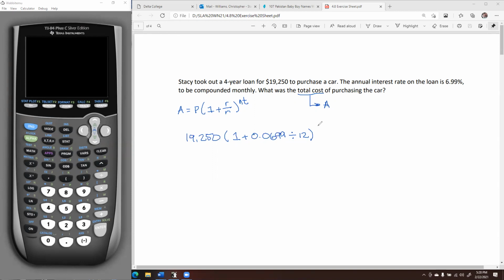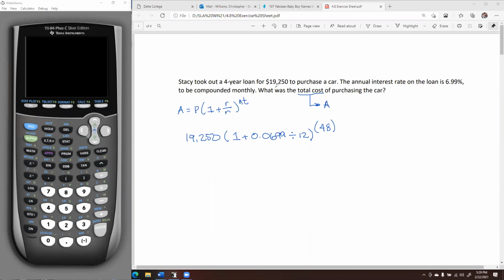And then our exponent is going to be N, which of course is still 12, times T. And T, we said, in this case, was 4. Now, this is a simple enough expression that we could calculate this in our heads, and we could simply write 48. That's perfectly fine.